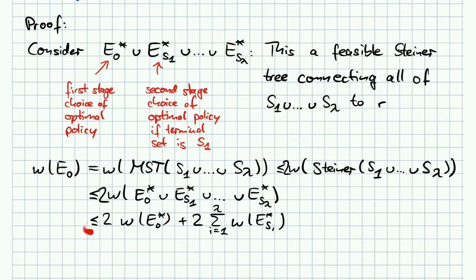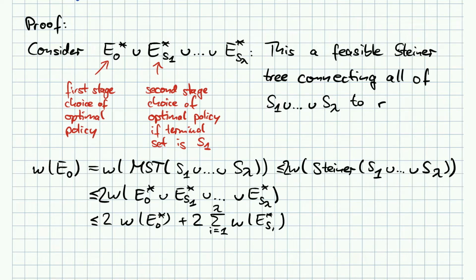Why isn't this equality? Because here it might happen that we have an edge multiple times, in multiple of these sets. Then we'll have to pay for it multiple times here, while here we'll have to pay for it only once.